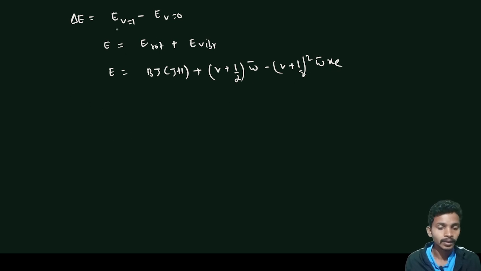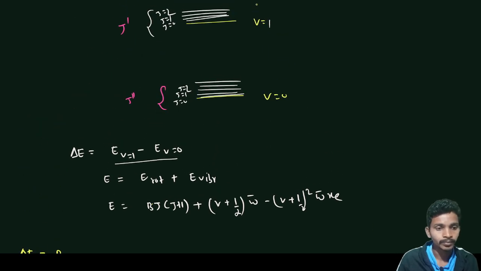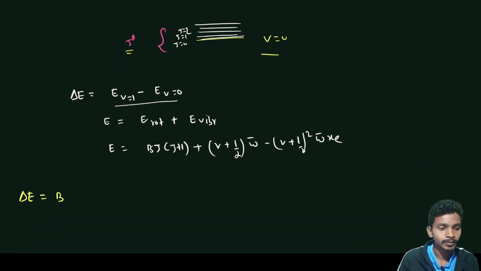Now if I write for these equations, how can I write delta E? I will write first v1, after that minus v0. For v1, J is J dash, and for v0 it is J double dash.